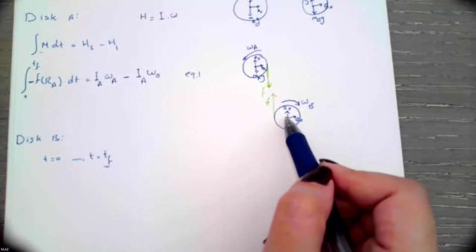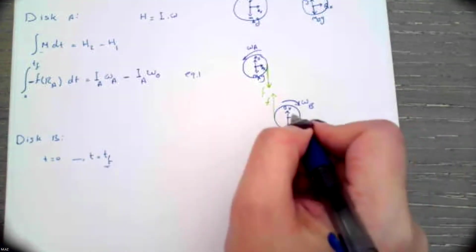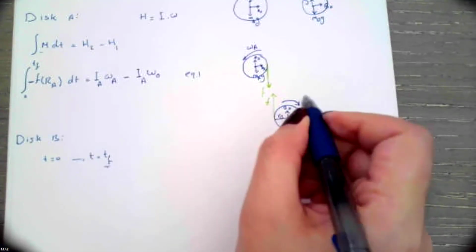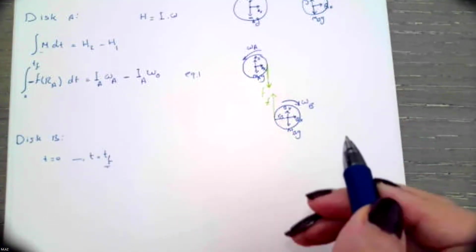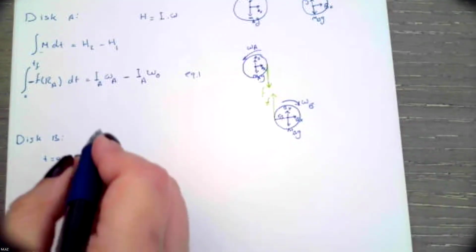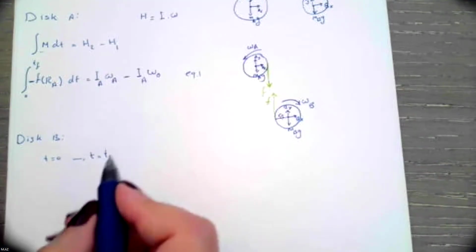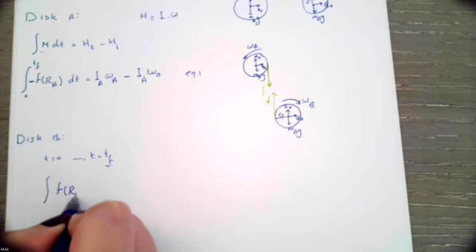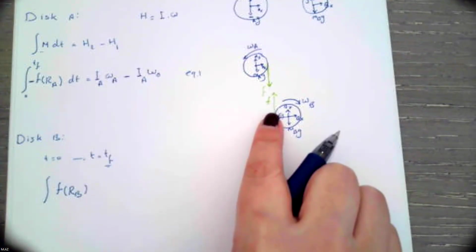And what is the moment? It is R, the radius of disk B, which is R_B times the friction force. And as you can see, it has a clockwise rotation. For this reason, once we apply the angular impulse and momentum for disk B, this is the friction force, this is the radius of disk B, and how about the sign?